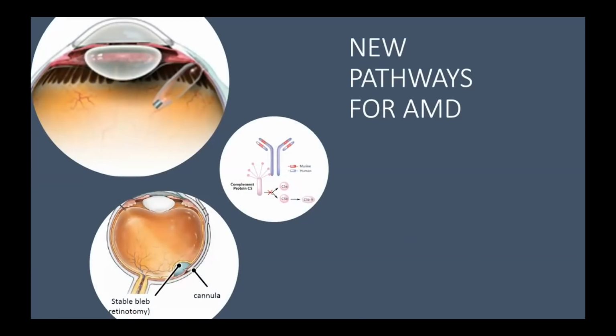I had mentioned that there are new pathways for macular degeneration and its treatment. You see here a device that can be implanted in the eye about the size of a grain of rice. And this is a reservoir for anti-VEGF medication, ranibizumab. And this is currently in phase 3 clinical trials.